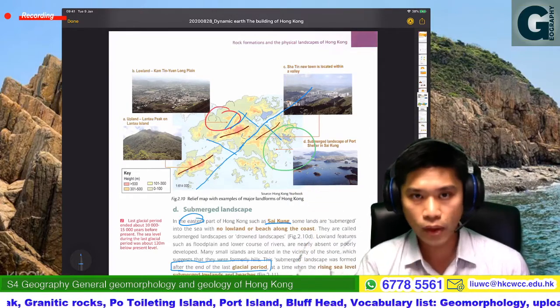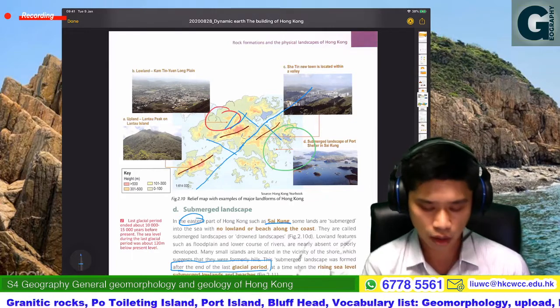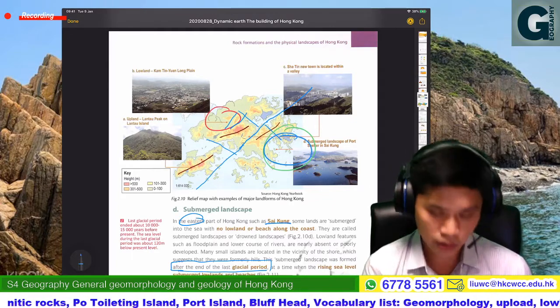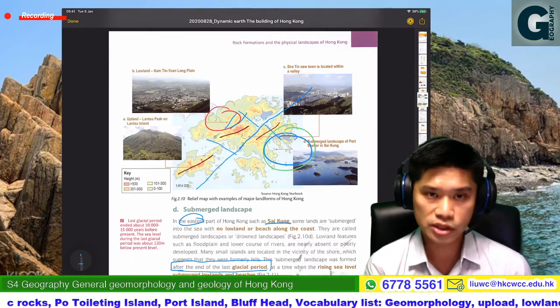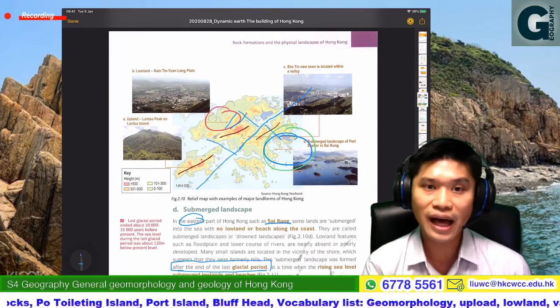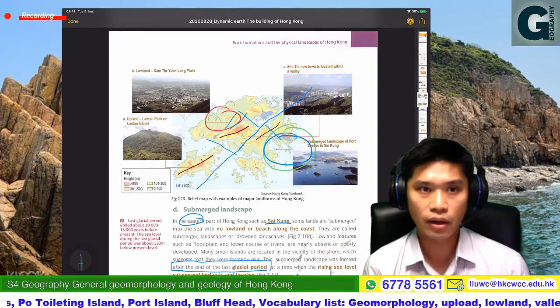And also, when we talk about the geology in Hong Kong, you should know that this area, actually, it was a very, very large caldera in Hong Kong.